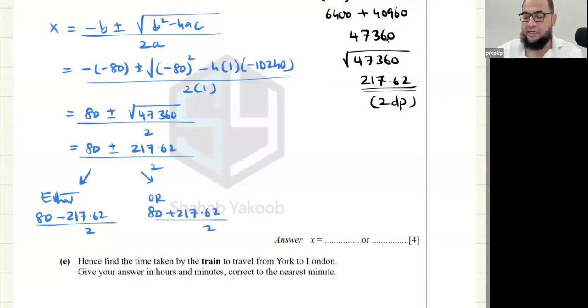Is this all good, all clear? Simple working. So 80 minus 217.62 divided by 2, that is negative 68.81, which can be written as negative 68.8. And 80 plus 217.62 divided by 2, that comes out to be 148.81, which comes out to be 148.8.